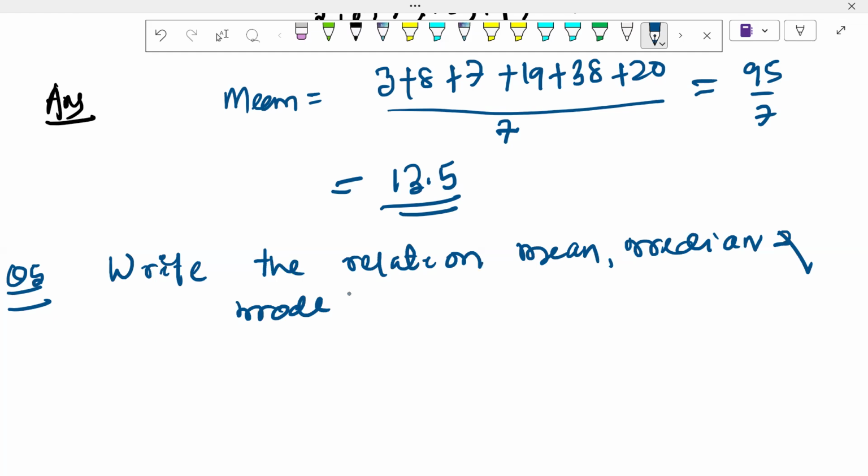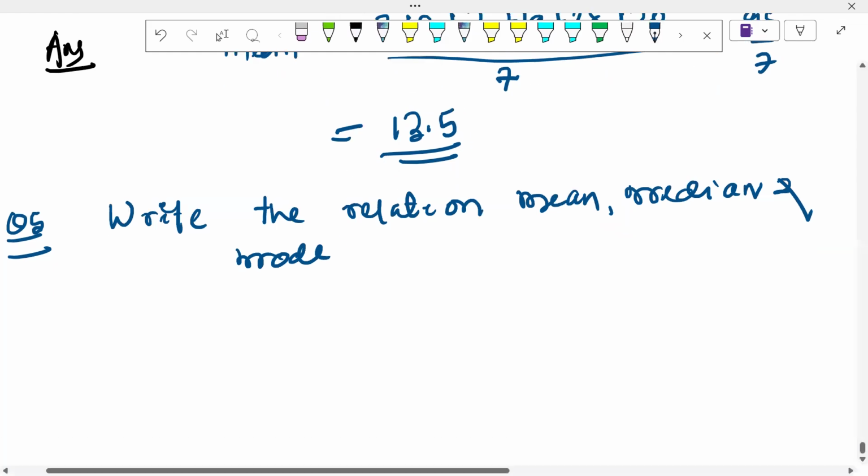What is the relation between them? Can anybody say what is the relation between mean, median, and mode?